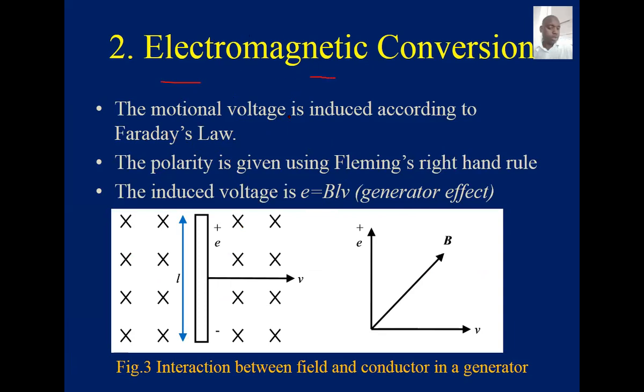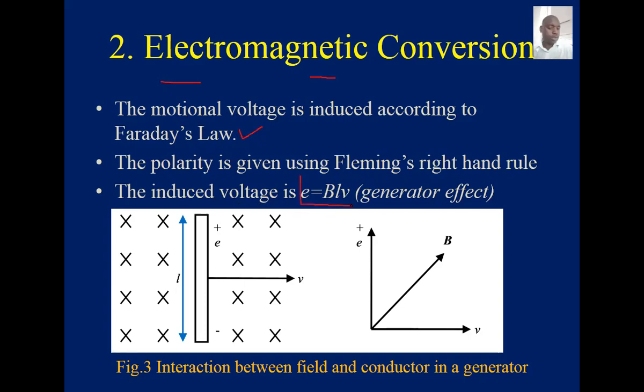And when we talk about the voltage, then the induced voltage that we get out of the generator is according to Faraday's law, where we talk about the movement of a conductor in a magnetic field or the change of flux linkage to a conductor. In the polarity, we use Fleming's right-hand rule. We talked about that in the previous lecture.